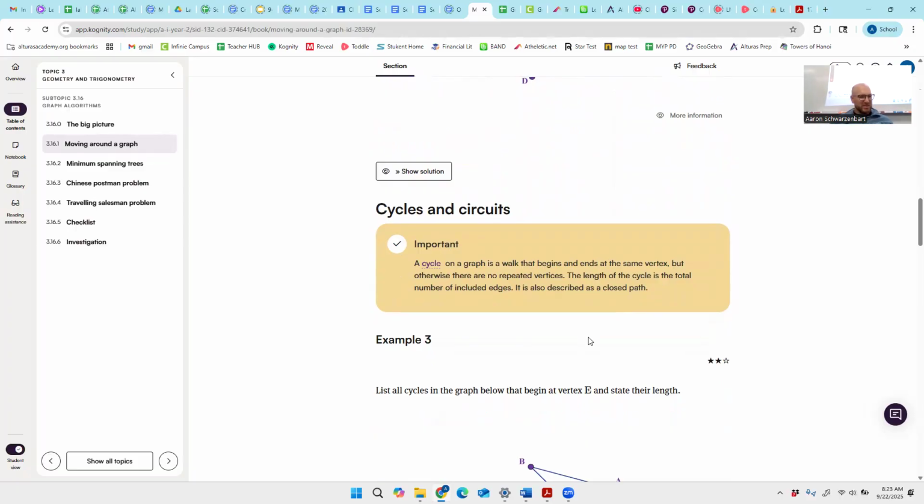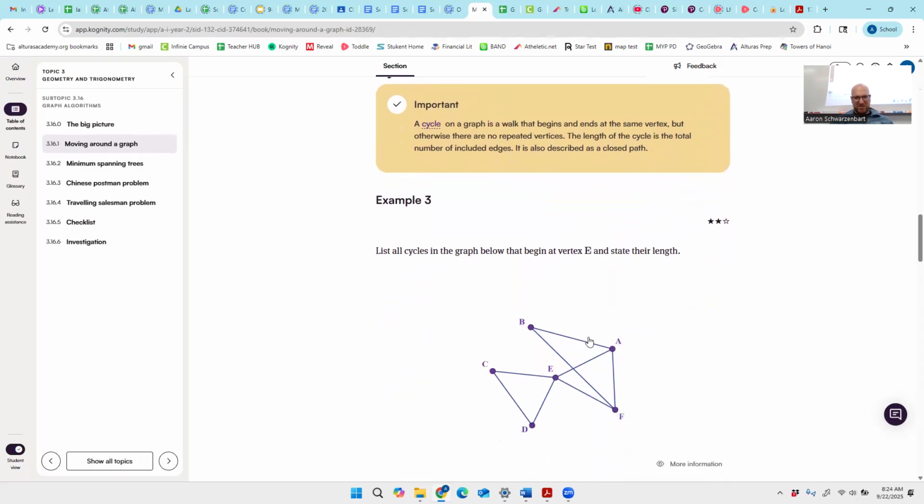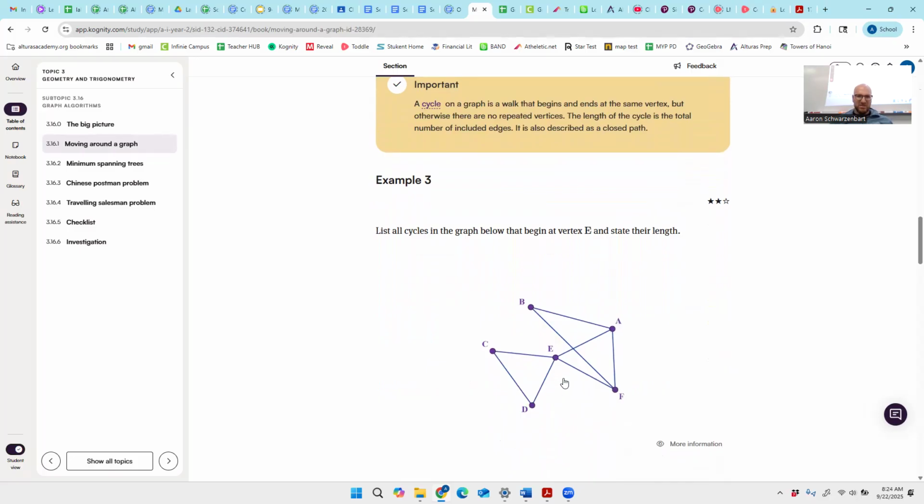That makes sense? A cycle and a circuit. A cycle on a graph is a walk that begins and ends at the same vertex, but otherwise has no repeated vertices. The length of a cycle is the total number of included edges. List all the cycles in the graph that begin at the vertex E and state their length.